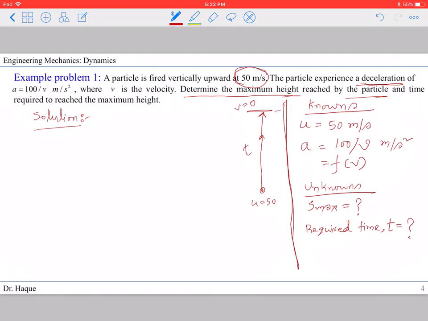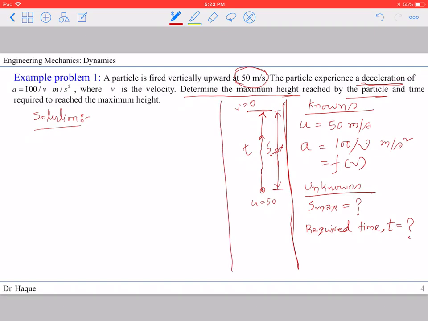So the time to reach the final velocity and the distance S max. We need this distance, S max. Let me write it down. S max, that's what we're looking for.